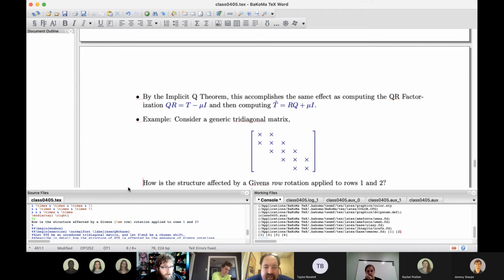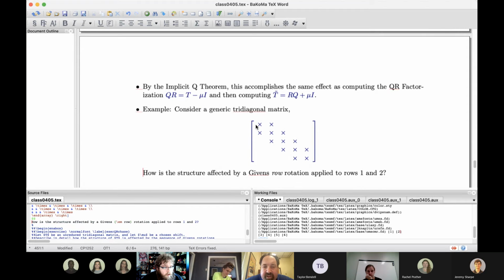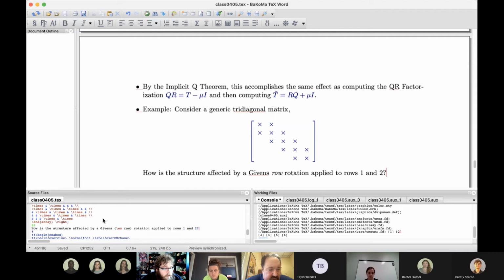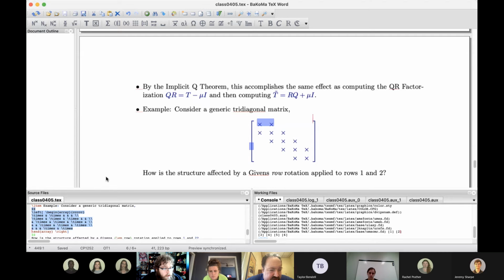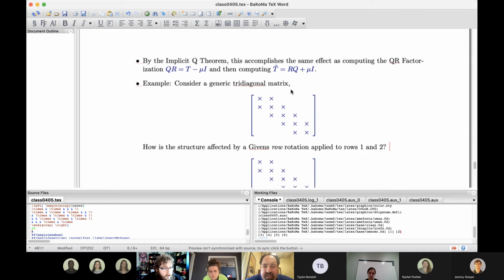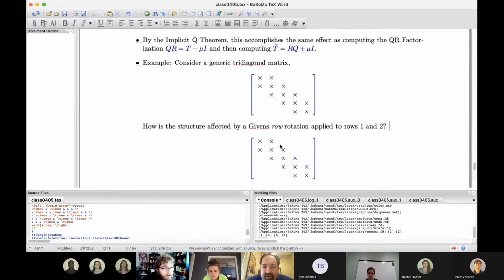So if you apply a Givens rotation to rows 1 and 2, how would this structure be affected in terms of what entries are non-zero? In other words, what new non-zero entry is introduced, and where is it? I want you to tell me, and then I'll mark it on here.